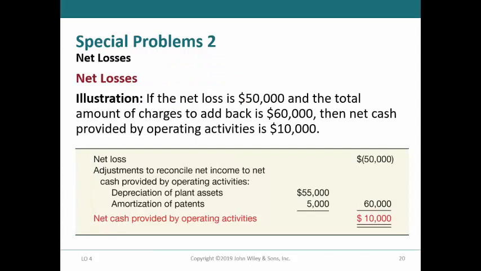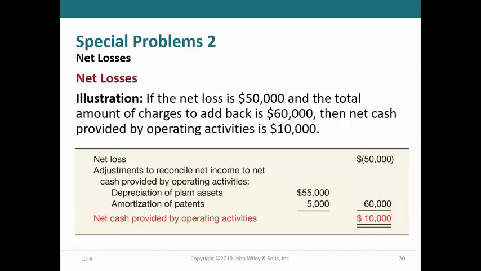Another issue is, what do you do when the company has a net loss rather than net income for the period? There is no difference in the reporting. Both non-cash items as well as the changes in the current assets and liabilities are added and subtracted from the net loss as already discussed.